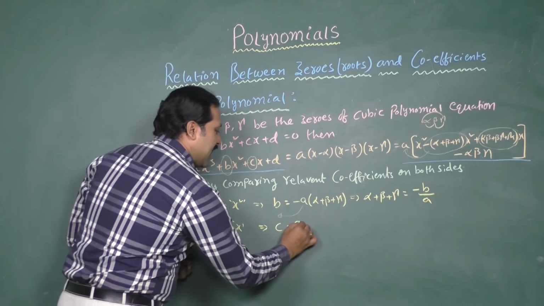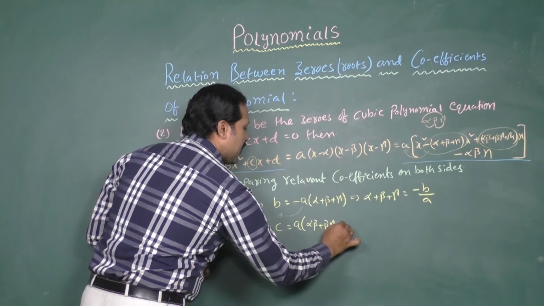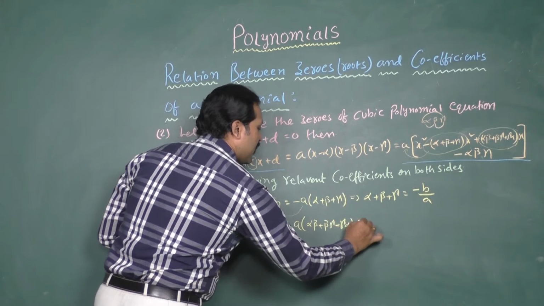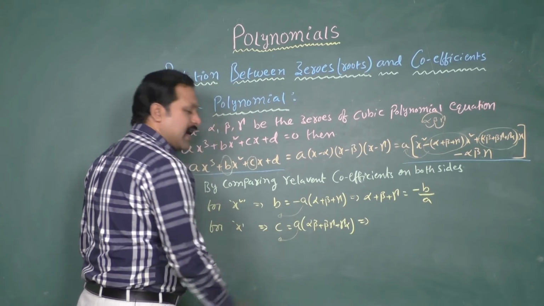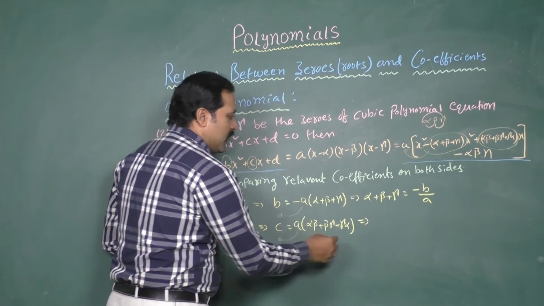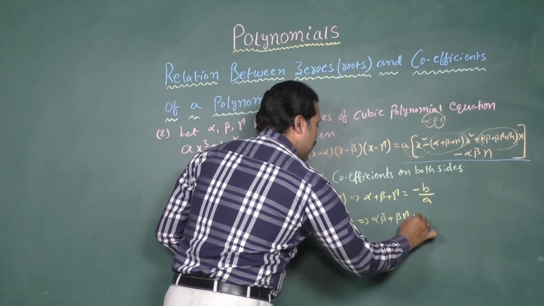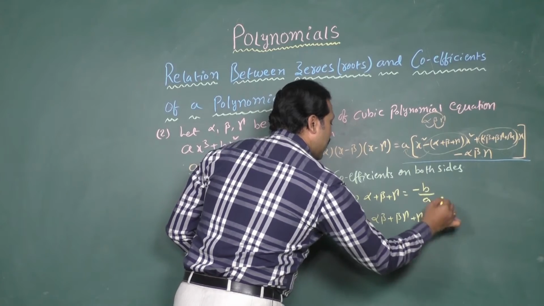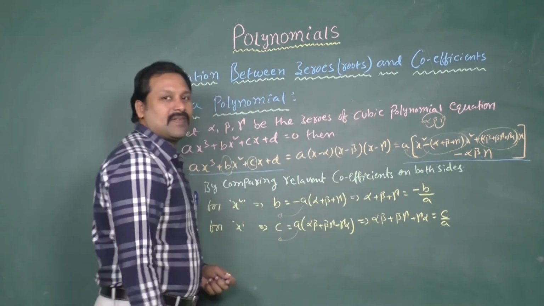That's why a times of (alpha beta plus beta gamma plus gamma alpha). That implies, transferring a to the left hand side, it becomes c by a. So alpha beta plus beta gamma plus gamma alpha gives c by a.